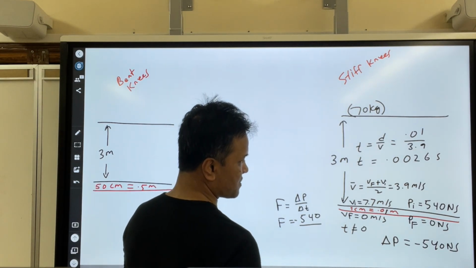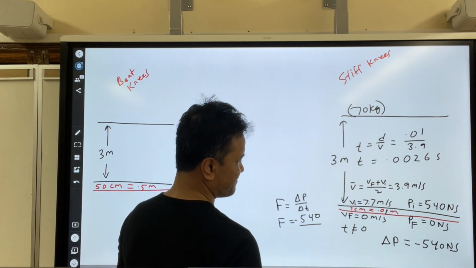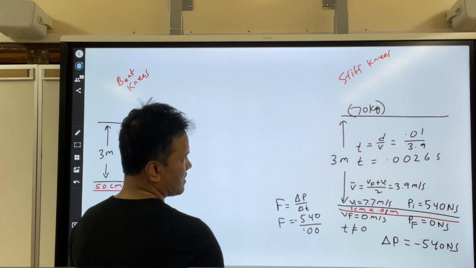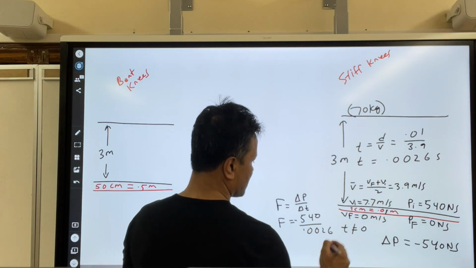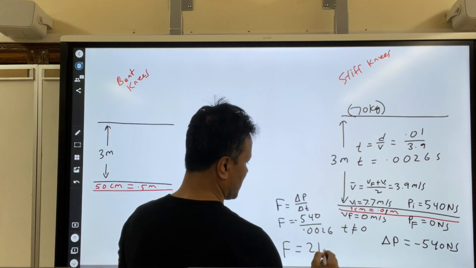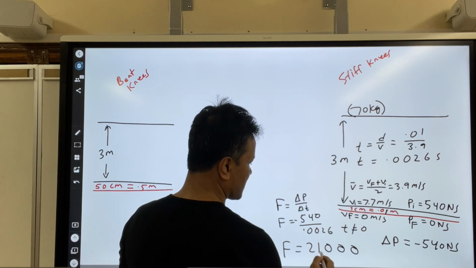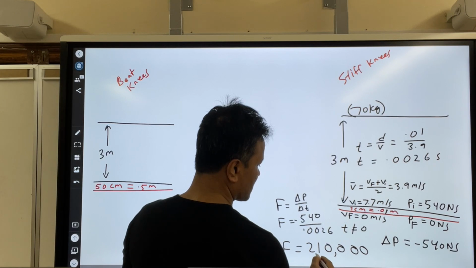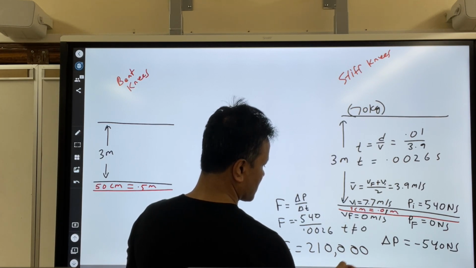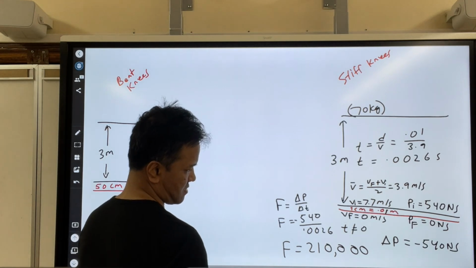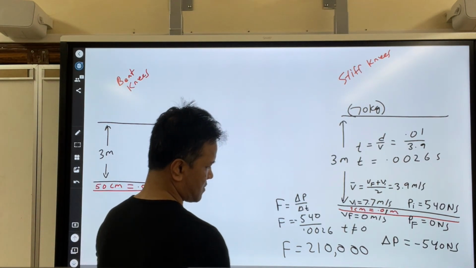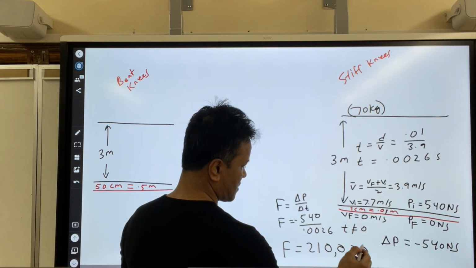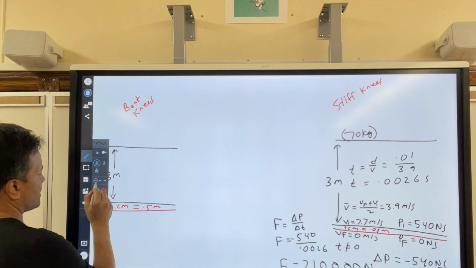Delta T is how much? 0.0026. So the force is 210000 Newton.